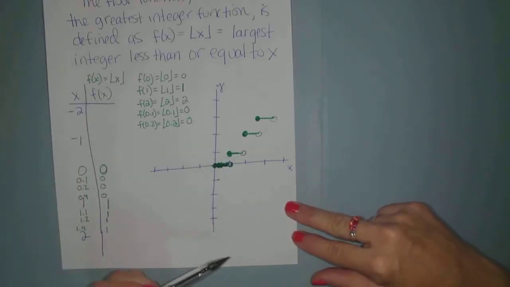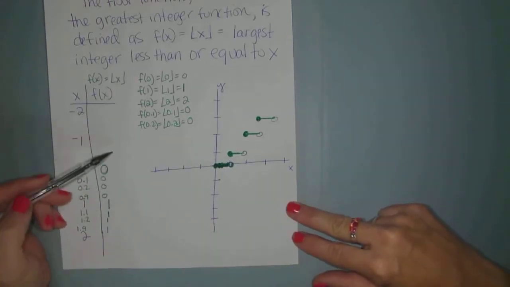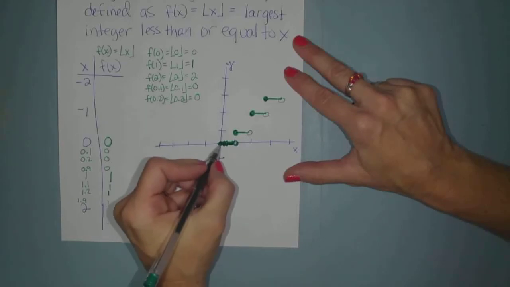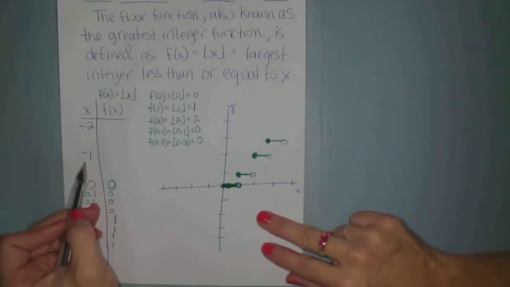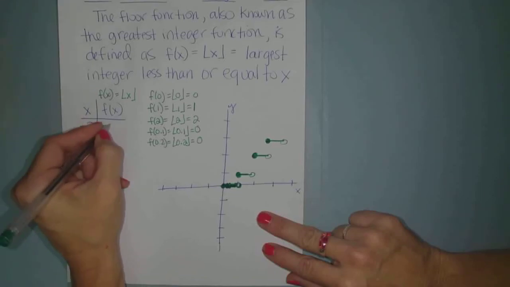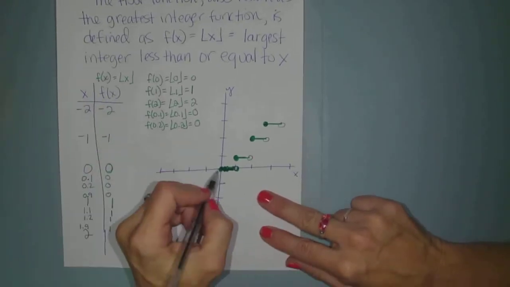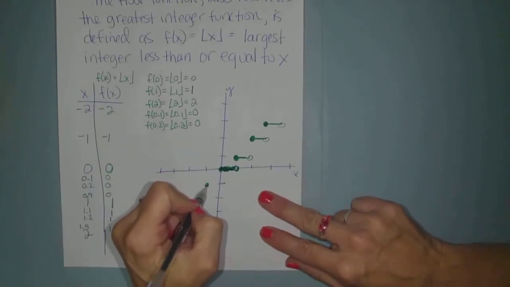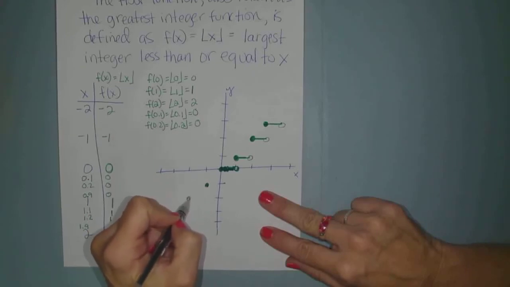And if you follow this same pattern, you can fill in the rest of this table. So at -1, the largest integer less than or equal to -1 is itself, -1. Same with -2. So I can plot (-1, -1), and I can plot (-2, -2).